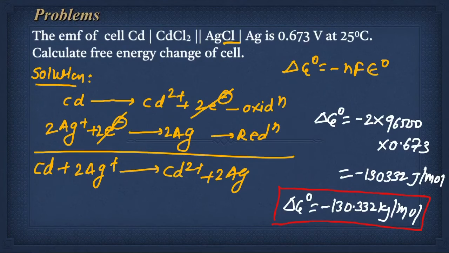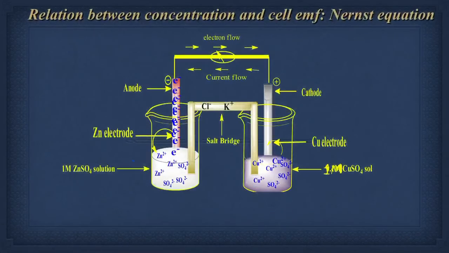Okay, let's see another interesting topic, that is the relation between concentration and the cell EMF. That is the Nernst equation. Friends, already we discussed the galvanic cell where the oxidation of the zinc and the reduction of the copper are observed, and we calculated the standard cell EMF by using the oxidation potential.